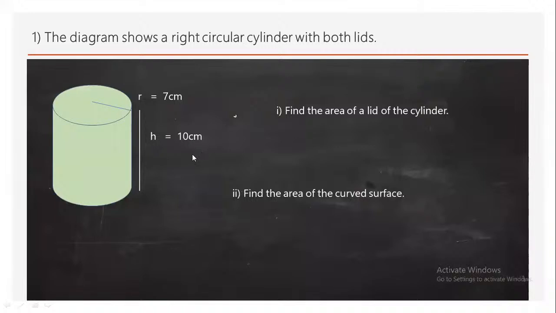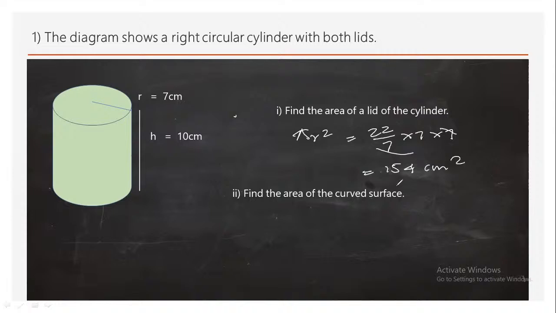The diagram shows the right circular cylinder with both lids. Right. Find the area of the lid of the cylinder, that is pi r squared. So 22 over 7 into 7 into 7. Cancel out. 154. Find the area of the curved surface.